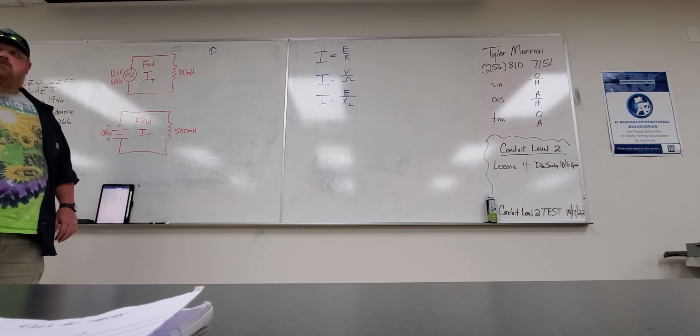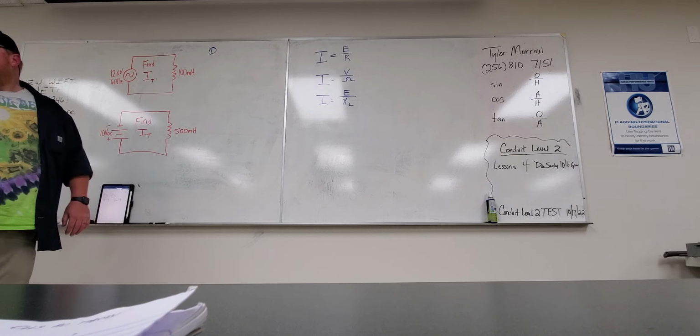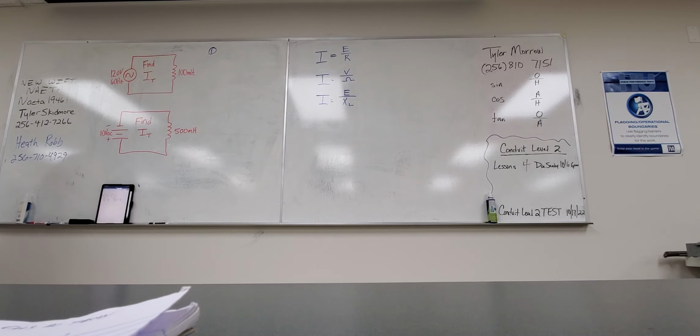We have to get all apples or oranges. We have to get that henries into something we can stick into Ohm's law, right? If you look at Ohm's law, there's no L in it.